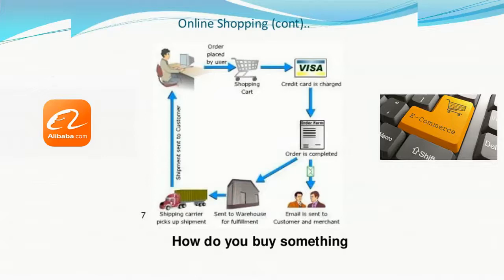The business sends you a notification through email. After the customer receives the email sent from the merchant, the product is dispatched from the warehouse. The shipping carrier or delivery person comes to your door with the product, and finally the purchase is complete, the shopping is complete.